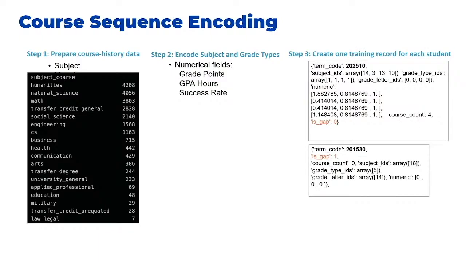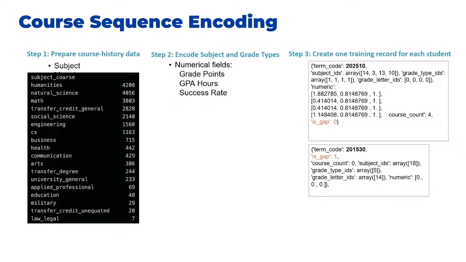Each term was an element in that sequence, and I used a dictionary structure with those keys, as you see. I also had to deal with the terms with no enrollment, so I added another identifier: is that a gap term, or is that a term with enrollment?